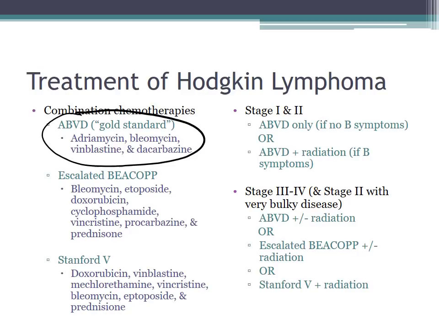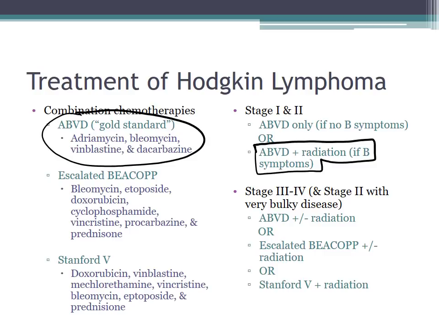There are some other options such as escalated BEACOPP, or Stanford V. You can see here that stage 1 or stage 2 disease will be treated with ABVD, the gold standard treatment, and the presence of the B symptoms will dictate whether or not the patient has radiation. So the important things to remember for this section is either way they're going to get the ABVD, but know that if the B symptoms are present, that radiation will be given as well.